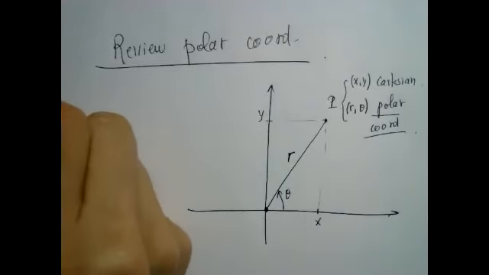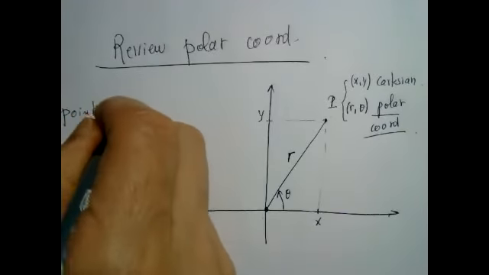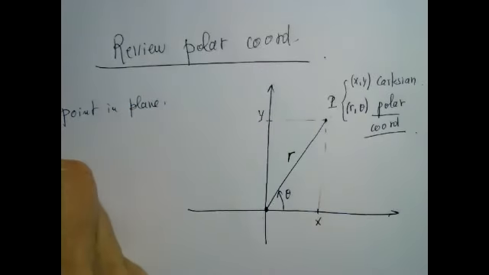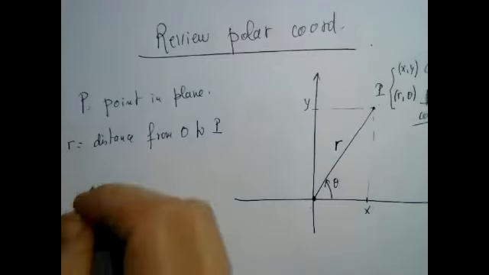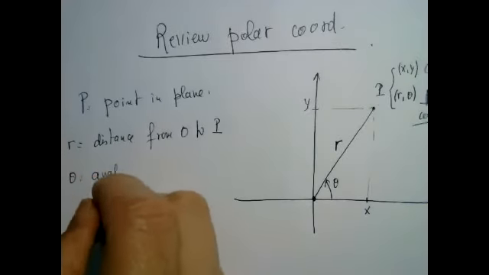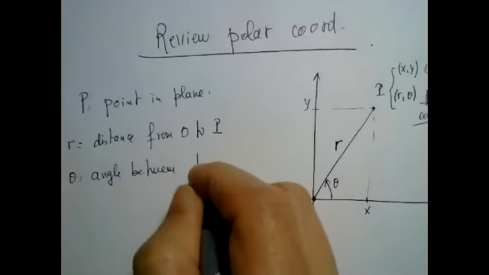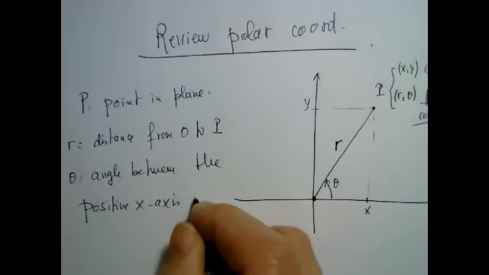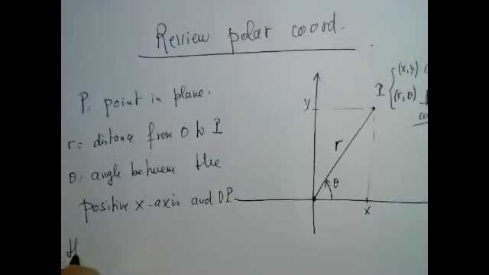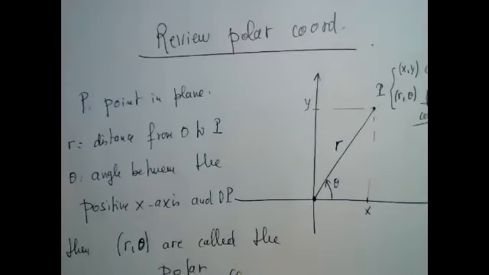So if P is any point in the plane, and r is the distance from the origin to P, and theta is the angle between the positive x-axis, and that's important, the positive x-axis, and OP, then r and theta are called the polar coordinates.